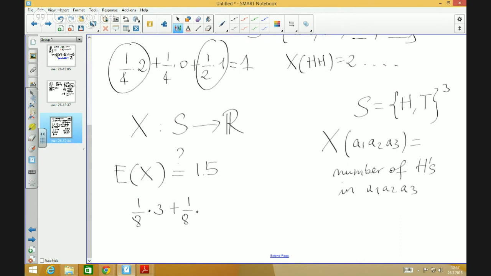So how many ways do I actually have to get 1 head? Well, the 1 head could occur in any of the 3 positions in the string. So there are 3. Each one of them has probability 1/8. So I have a 3/8. Plus, how many ways do I have to get 2 heads, exactly 2 heads?